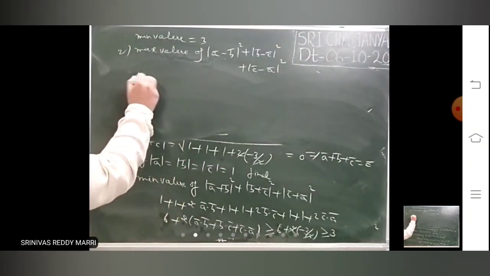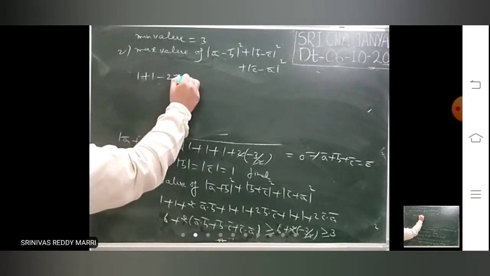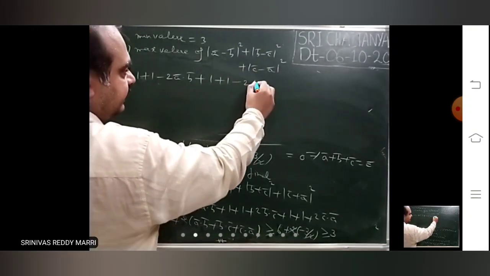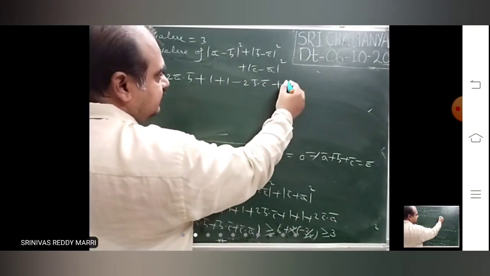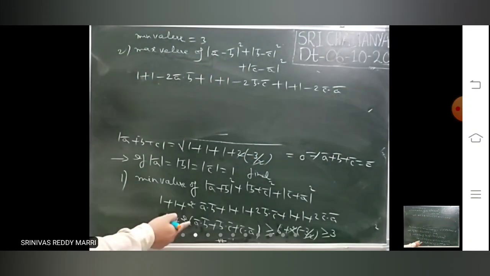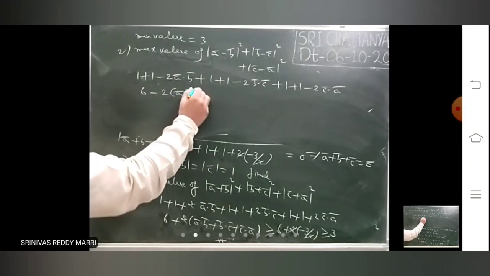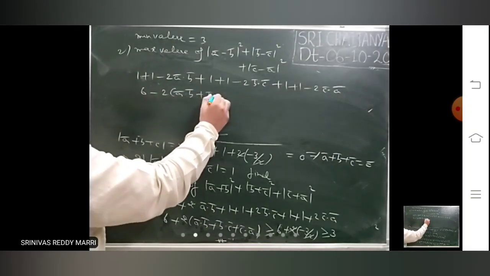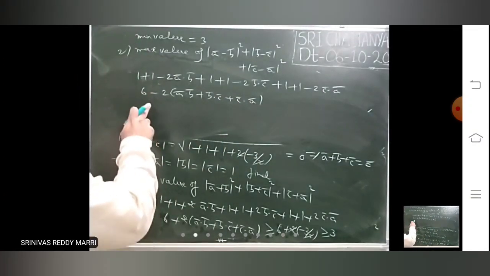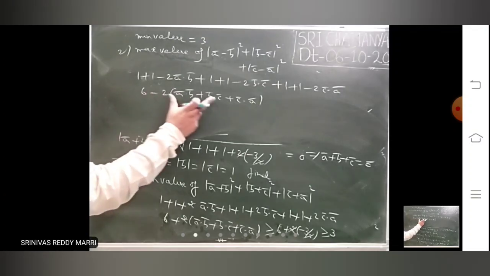Just like this, if you do, 1 plus 1, modulus a bar square 1, modulus b bar square 1, this first one. So 1 plus 1 minus 2 b dot c, 1 plus 1 minus 2 c dot a. In a similar fashion as this, 6 minus 2 into (a dot b plus b dot c plus c dot a). Now look at this, it is 6 minus. So you are deleting from 6 this value.